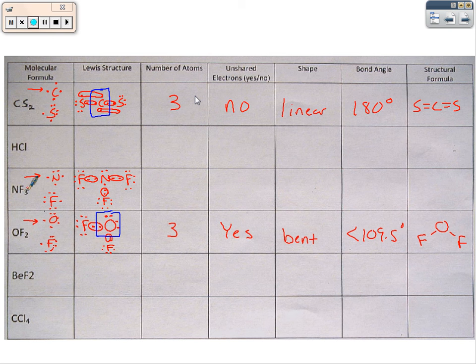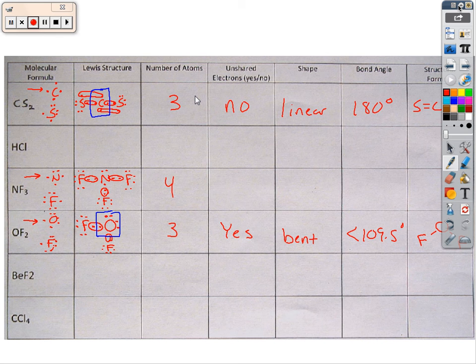4 atoms, 1 nitrogen, 3 fluorines, 1, 2, 3, 4 atoms. That's the simple part. Again, for the unshared electron part, we have to focus in on only the middle atom. The only thing that matters is the nitrogen. And we have to look to see whether or not we've circled all the electrons. Let's just cover them up there.